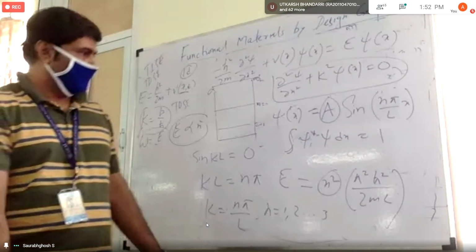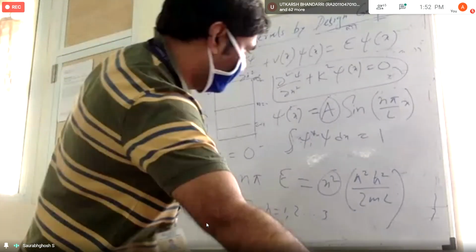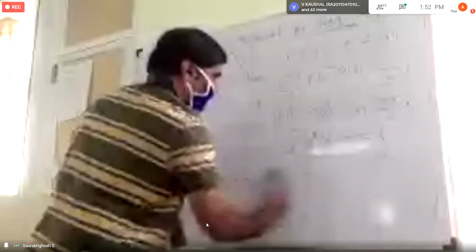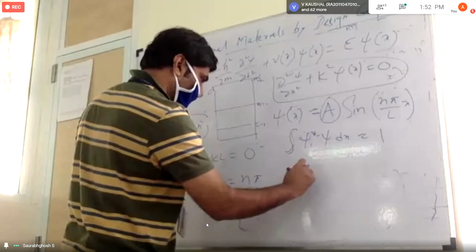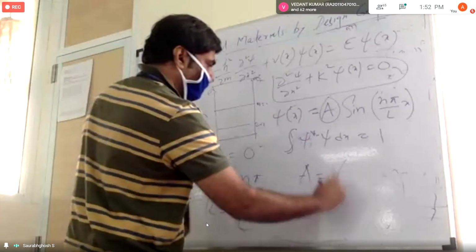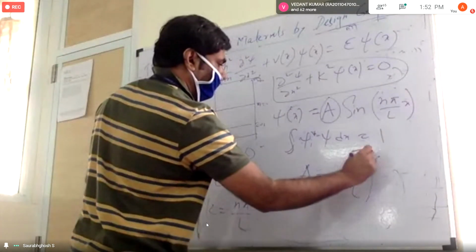So if you do that, it turns out that A will be (2/L) to the power half.